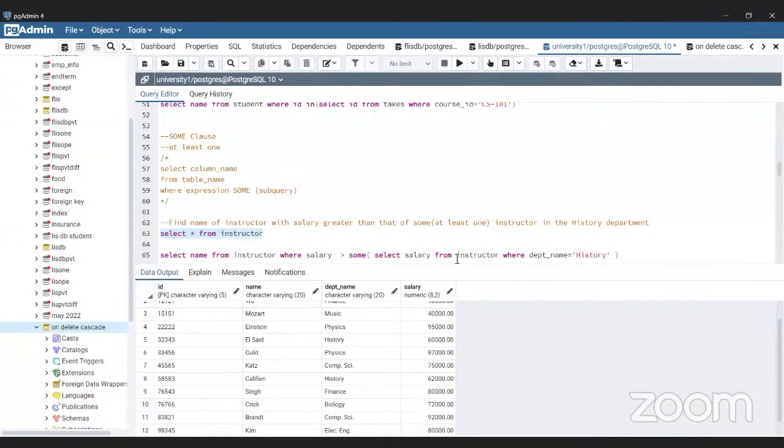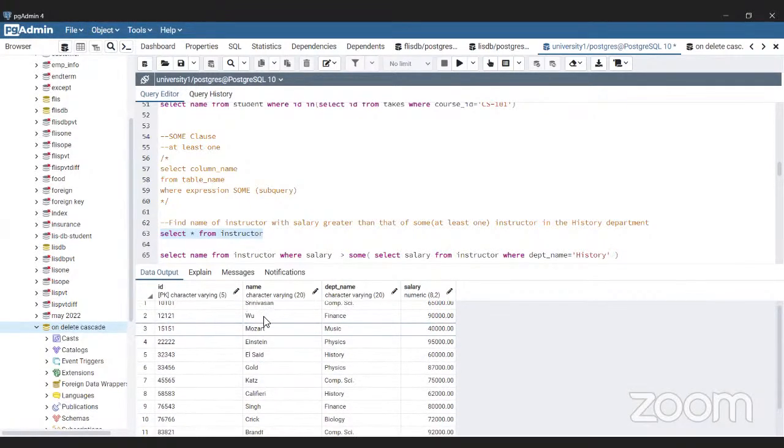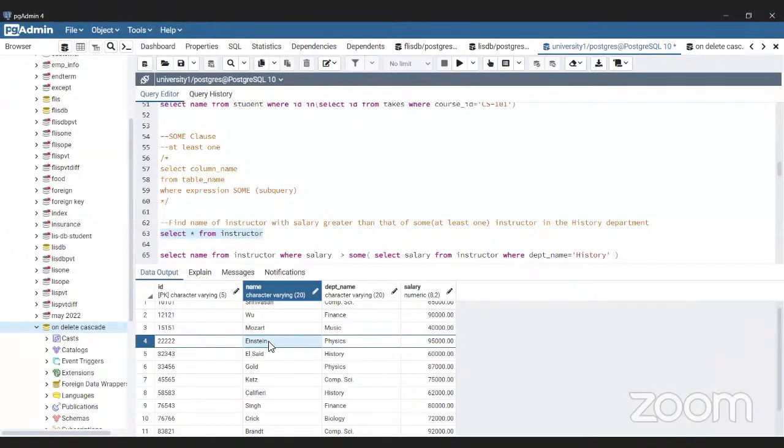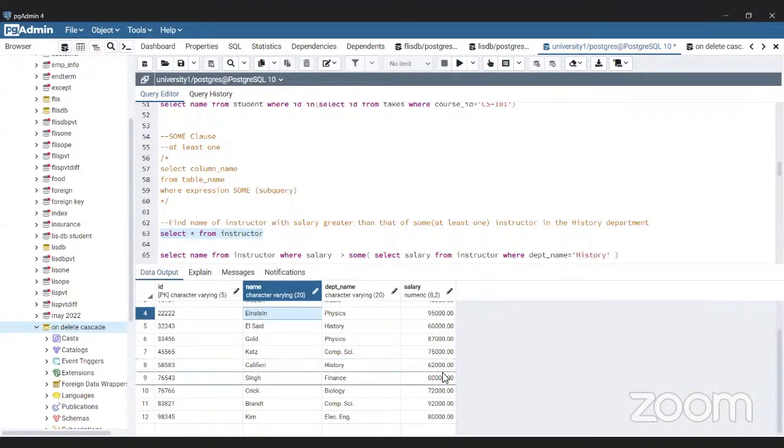But SOME means the instructor's salary is greater than at least one salary of an instructor in the history department. Einstein is in the physics department, and his salary is 95,000. So 95,000 is greater than 60,000 or 62,000. If it's greater than at least one, then it returns the name of the instructor.